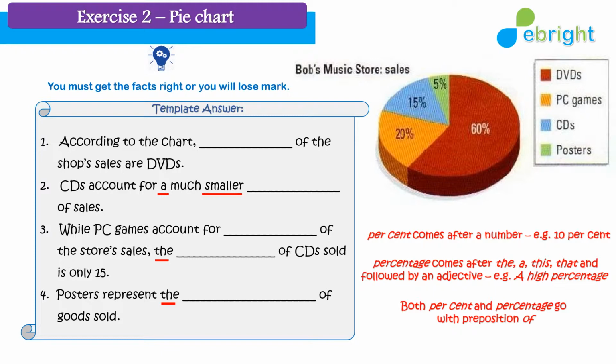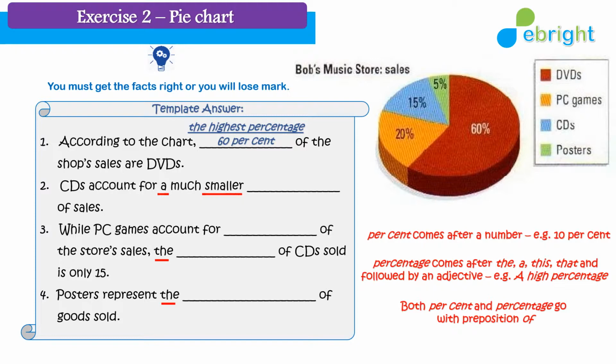So let's start with number 1. According to the chart, blank of the shop sales are DVDs. As you can see, the red color represents 60% of DVD sales. So the highest percentage of, or you can also state the detailed number, 60%. Great. Let's move to number 2.